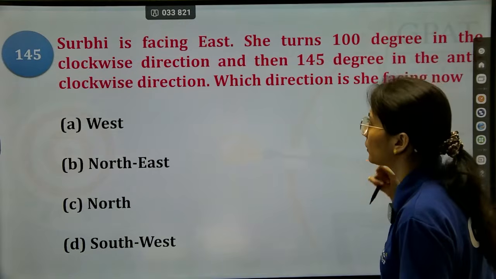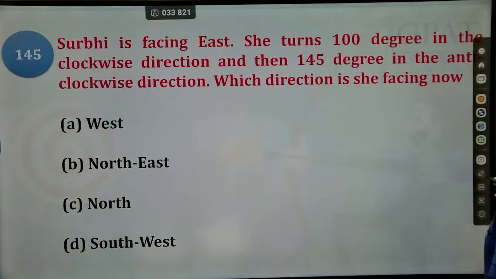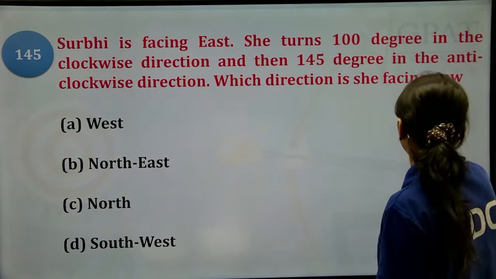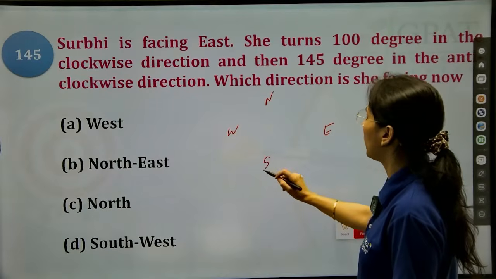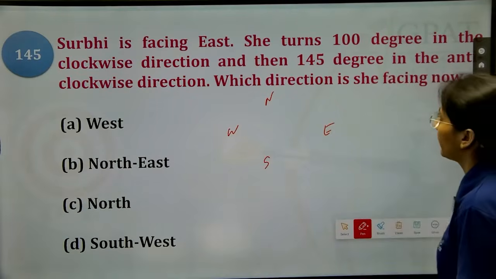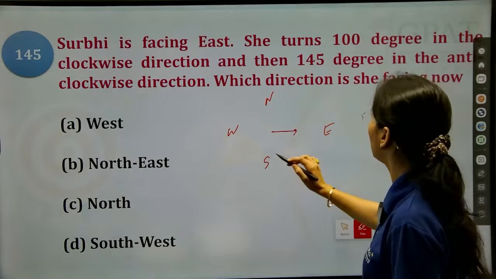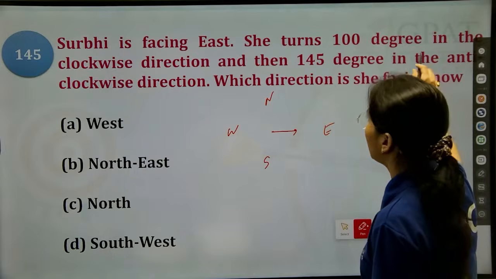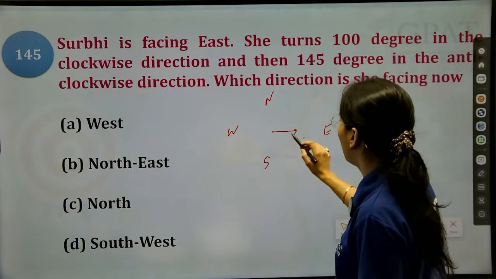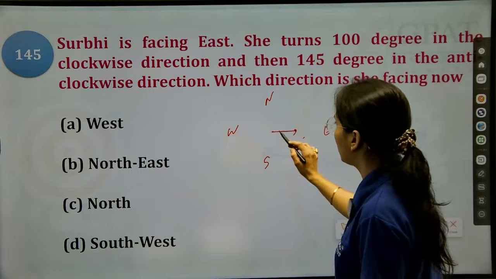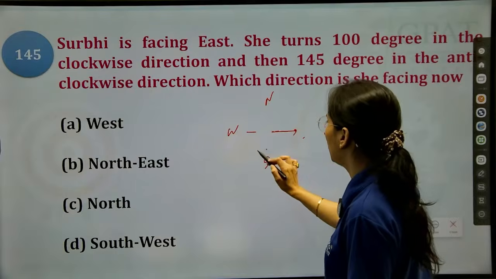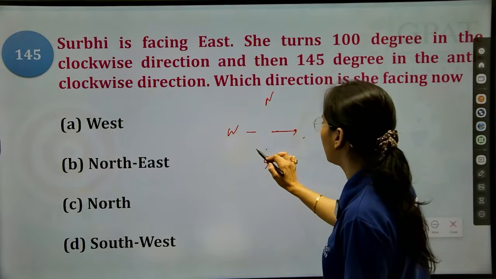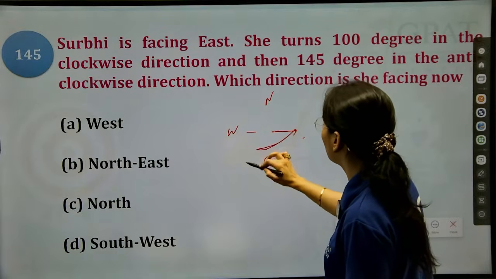Next, Surbhi is facing east, so here is east, west, north, south. She turned 100 degrees in the clockwise direction. If you see, a complete half is 180, here is 90, so 100 degrees is like this, she turned like this.